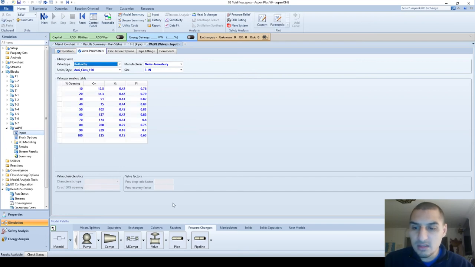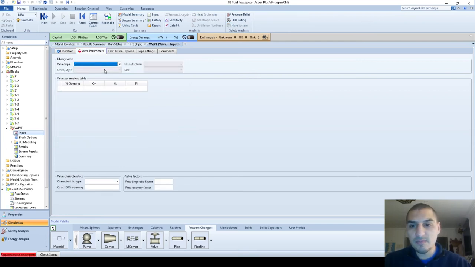Again, instead of defining the valve from here, you can define the valve using the valve characteristics. Just make it square root. You can make the CV as 3. You can make the pressure drop ratio 0.7 and this 0.5. Again, some random numbers, and by running the file you get the results.